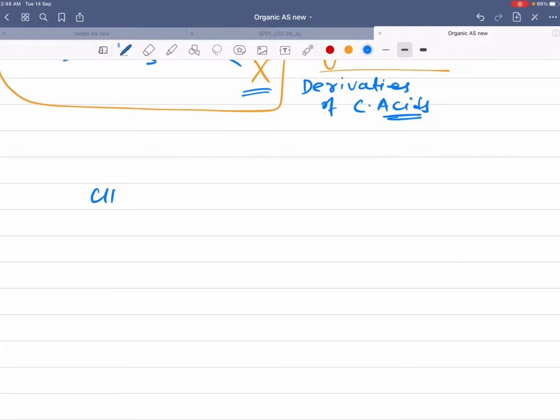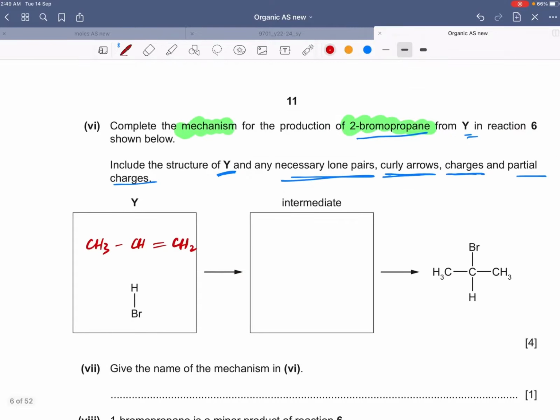We had CH3, CH2, CH2, OH, propanol, right? So this carbon loses the OH group, and the next carbon, the beta carbon, loses hydrogen. If this hydrogen is gone and this OH is gone, both these carbons would make a double bond with each other. So this is elimination. So we get propene, right?